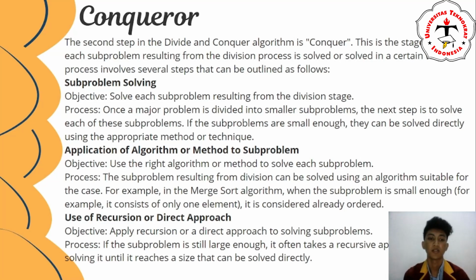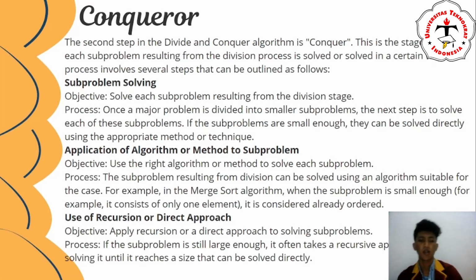Process: the subproblem resulting from the division can be solved using an algorithm suitable for the case. For example, in the merge sort algorithm, when the subproblem is small enough, for example, it consists of only one element, it is considered already ordered. 3. Use of recursion or direct approach.